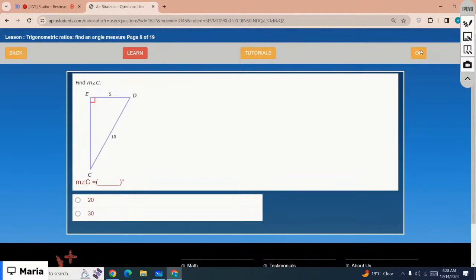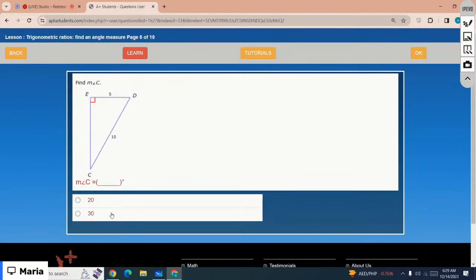Okay, find measurement of angle C. We have to calculate sine of angle C, and yes, that is 30 degrees.